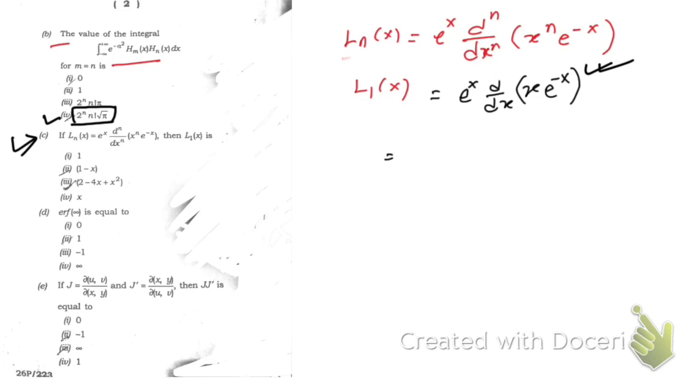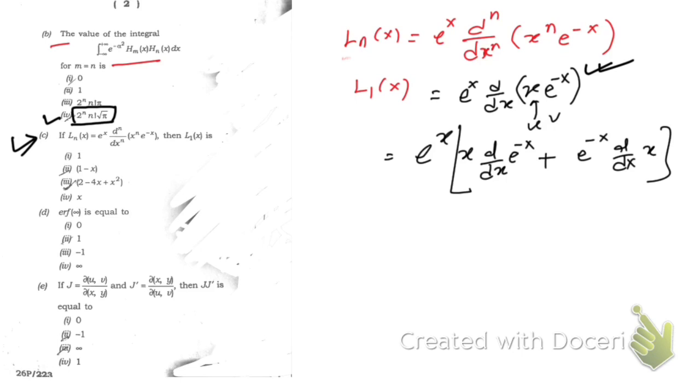Now we have e to the power x, and we apply the u into v rule: first function times derivative of second function, e to the power minus x, plus second function, e to the power minus x, times derivative of the first function, x. So e to the power x times x into the derivative of e to the power minus x, which is minus 1 into e to the power minus x, plus derivative of x, which is simply 1.